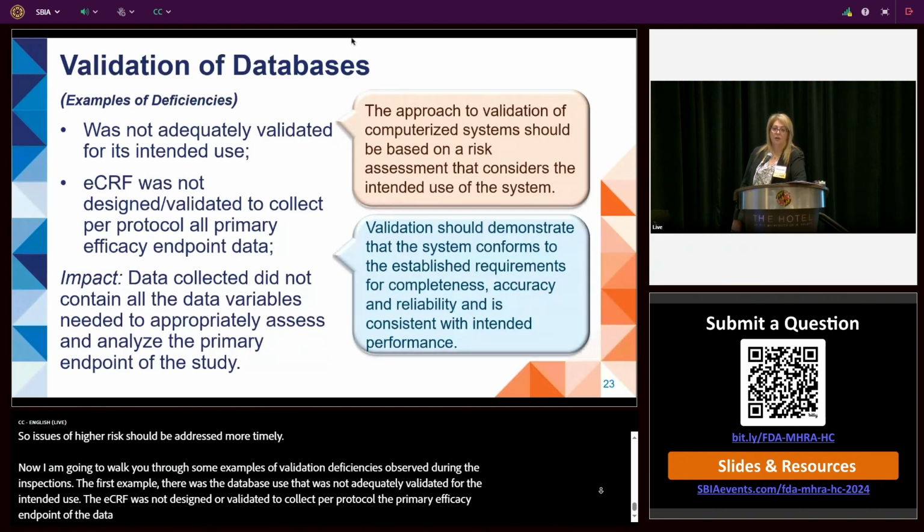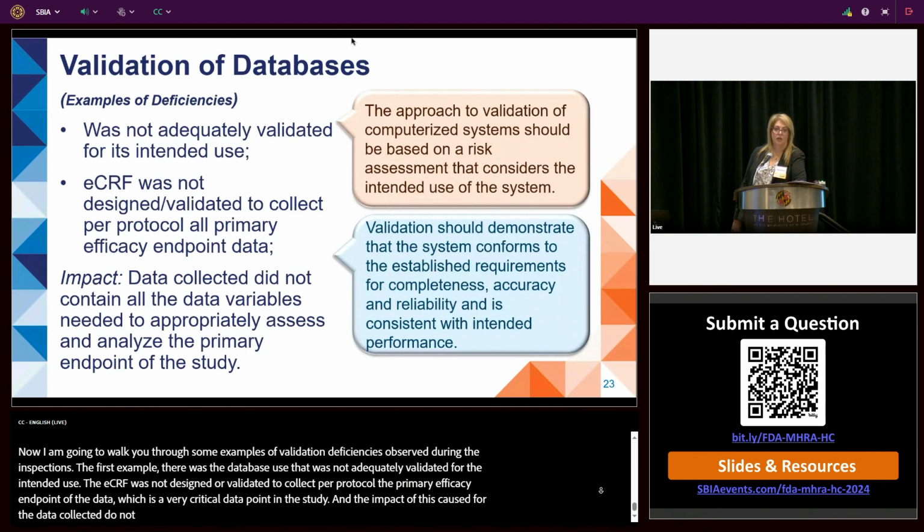The impact was that the data collected did not contain all the data variables needed to properly assess and analyze the primary endpoint of the study, so at the end we had incomplete data.